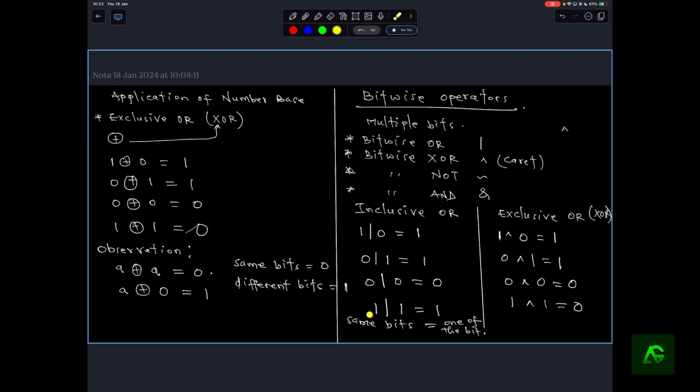The same applies here: same value, so you retain one of it, that is 1. Unlike exclusive OR, where you are excluding it once they have the same digit.